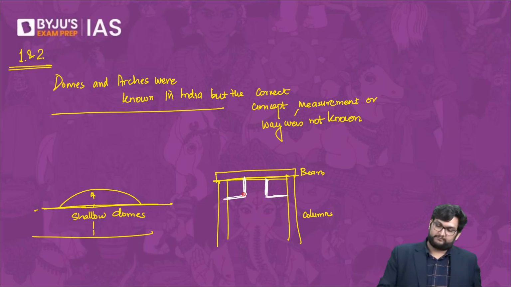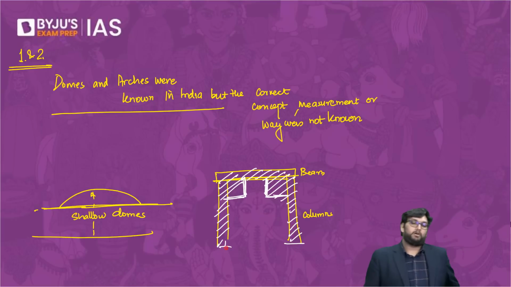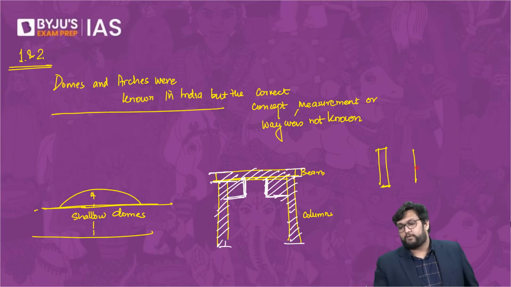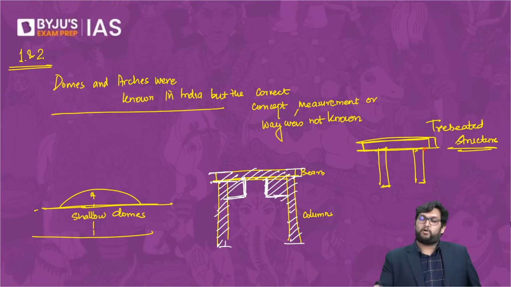This is one structure, but technically it isn't. Because the arch is still based on the idea of beam and lintel, or rather beam and column. See, when you have a column and when you have a beam or roof over it, this is called a trabeated structure. Trabeated structures are basically the ones which are based on the idea of a beam and column.